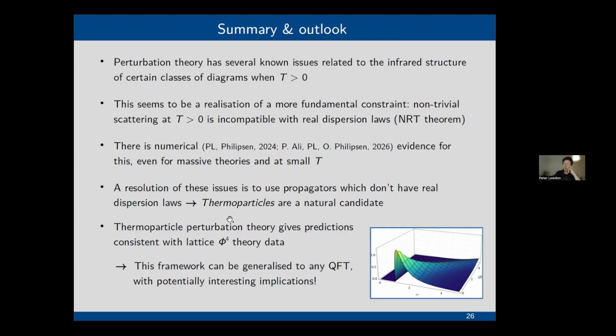And thermoparticles seem to be a ubiquitous feature of QFT at finite temperature. There seems to be evidence of these in many different contexts. And the predictions that we get with the lattice data now are in very, very good agreement with the data. And just finally, here we just considered scalars.